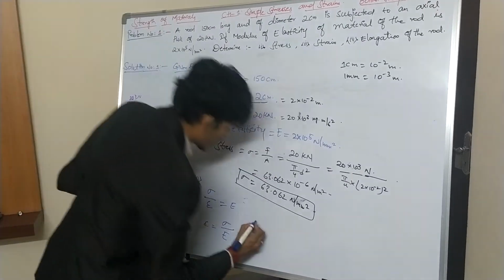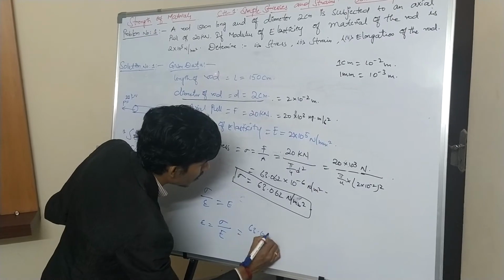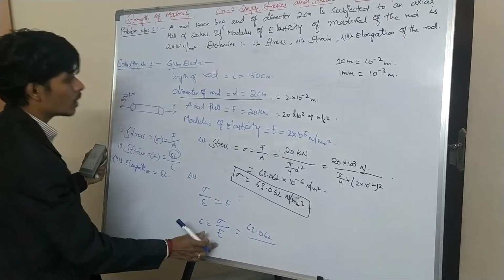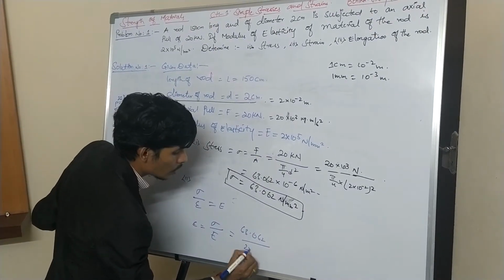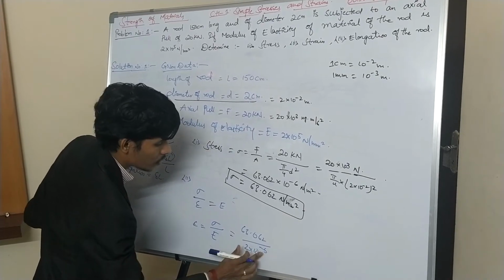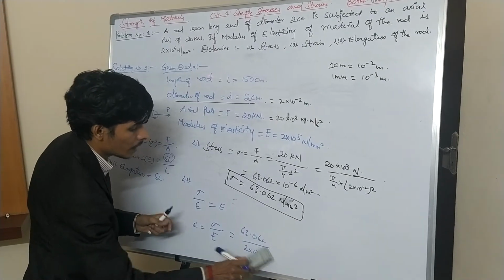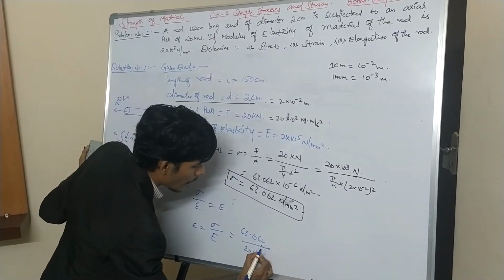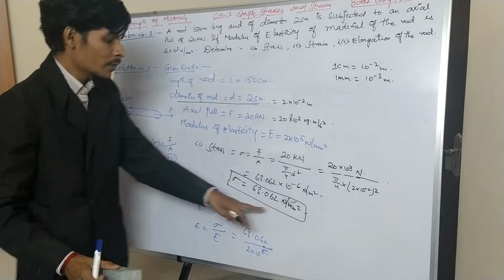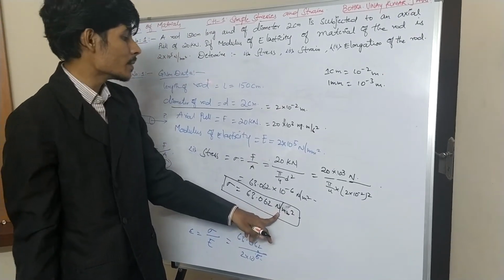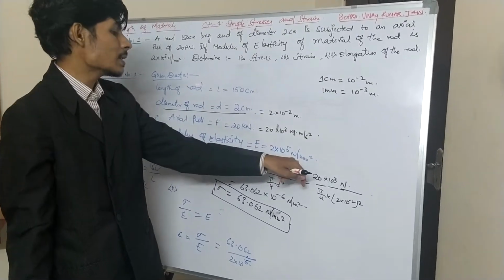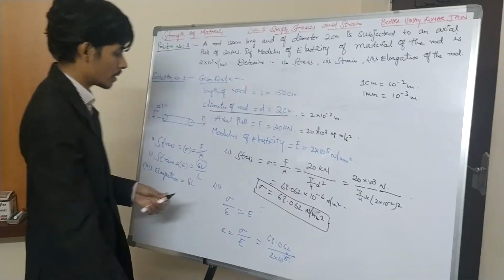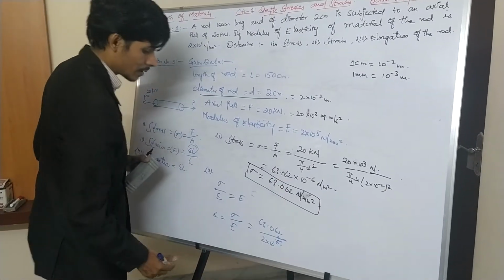The stress is 63.062, and the modulus of elasticity is 2 into 10 power 5. We have considered Newton per mm square already, and the modulus of elasticity is also in terms of Newton per millimeter square. That is the reason we have considered it here.